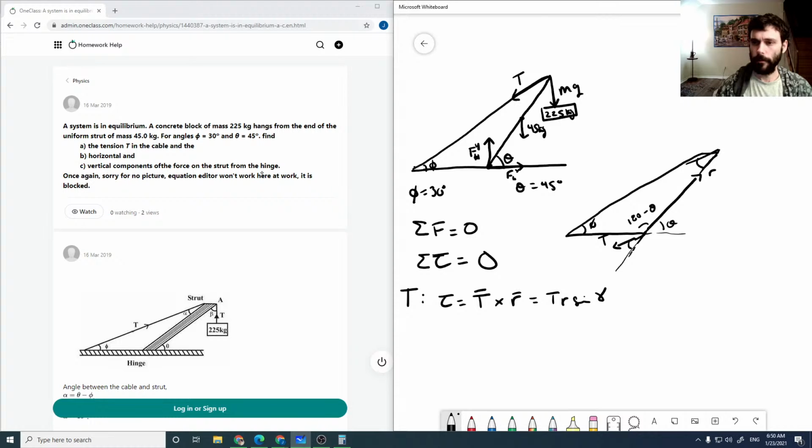So this angle and this angle are the same. This angle up here is 180 minus theta minus phi, which is equal to theta minus phi.